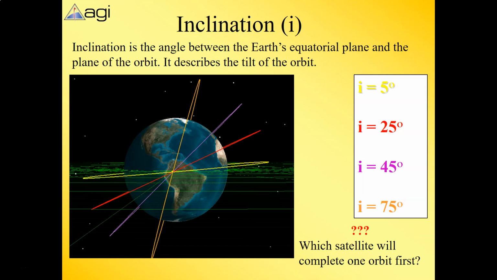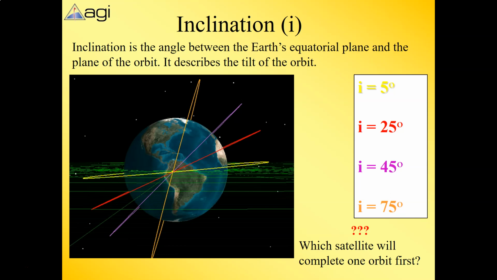So here is inclination. It's measured in degrees. It's fairly easy for us to think about. It's the angle between the Earth's equatorial plane and the plane of the orbit. It describes the tilt. So if we draw straight out from the equator a ring, that is our equatorial plane. How much this orbit goes up or down from that equatorial plane is its inclination.